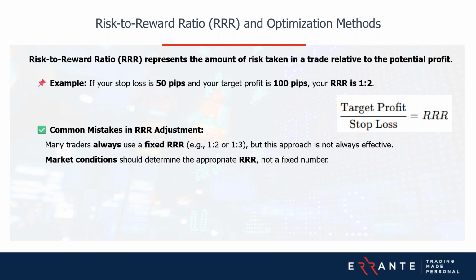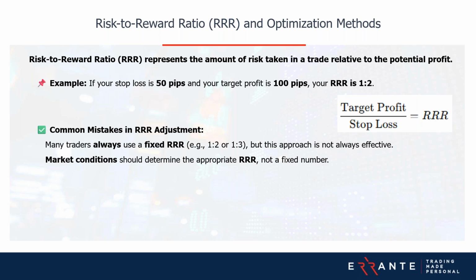Many traders stick to a fixed RRR without considering the market conditions. And why is that a problem? We call it a common mistake in RRR adjustments. The market is not always the same. Sometimes it's volatile, sometimes it's calm. A fixed RRR might not match the market's price action, making it either too aggressive or too conservative.